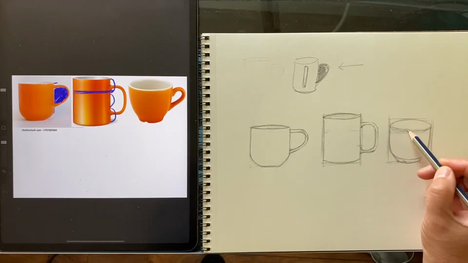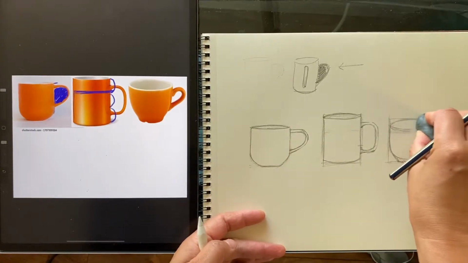I think it's too fat. I'm going to make it a little bit skinnier.